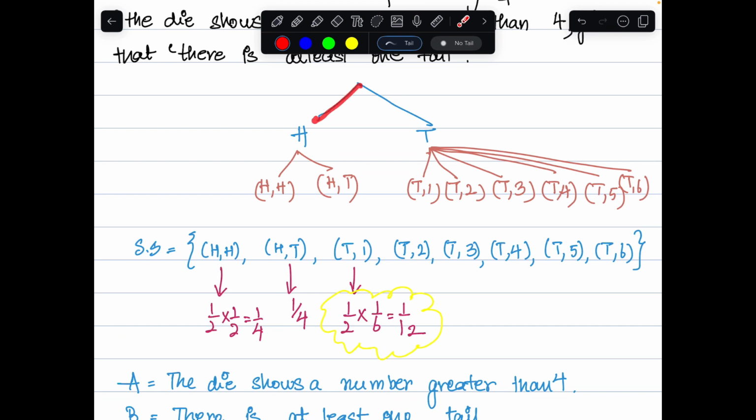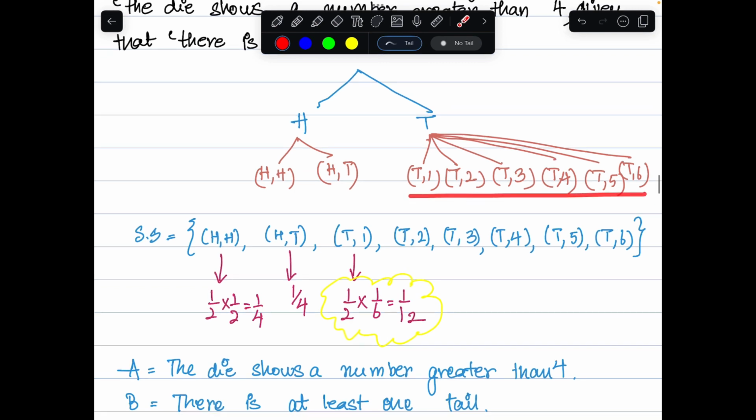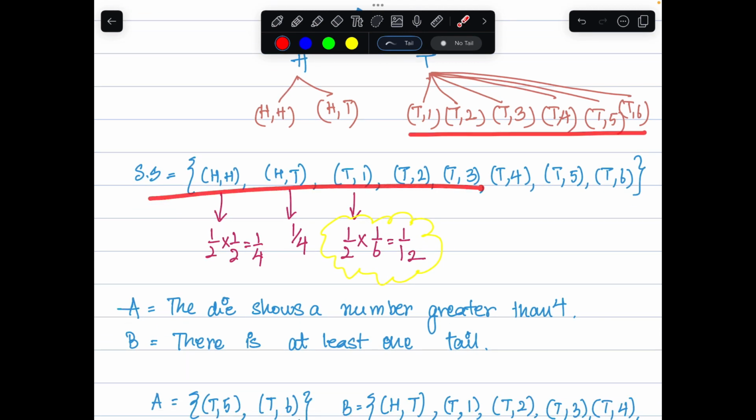So if I get head, I need to toss again. So what do you actually get as a sample space? H, H: first you get head, and again head. First time you got head, and second time you get tail. And if you get tail in the first toss itself, then you will be rolling a die. So all these are the options that you will get. So your sample space will totally be this, having 8 elements, right?